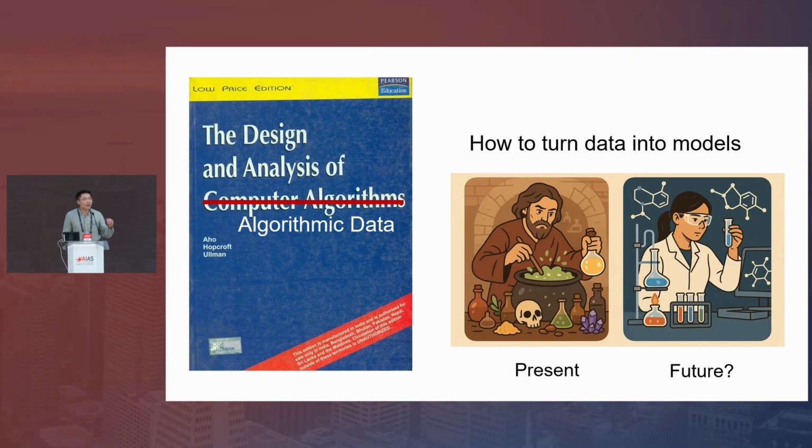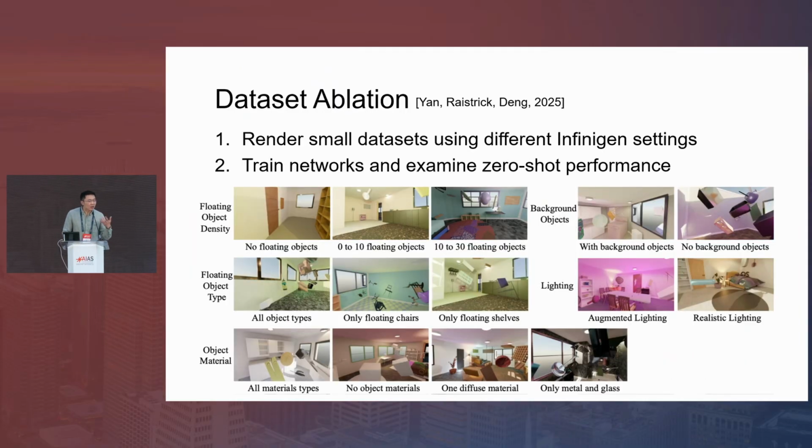And hopefully the process of making machine learning models from data would be more like a science than an art like it is today, because we can understand precisely what's needed and what's not needed, because now data is code.